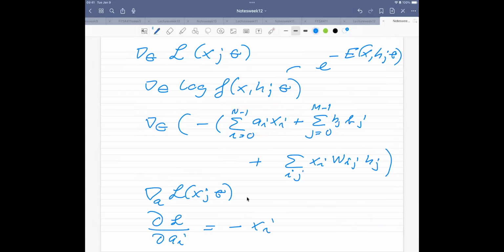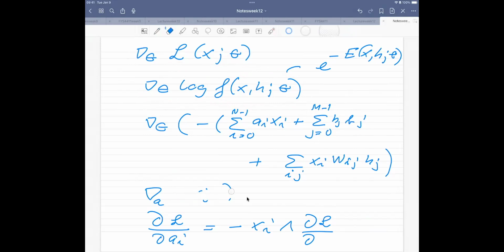Then you will see another derivative which we need, which is d of L over d of b j. I'm not setting up the full function. Now I'm just assuming that it's given by this function here, which is not true because this derivative contains these derivatives. Actually, this is not correct.